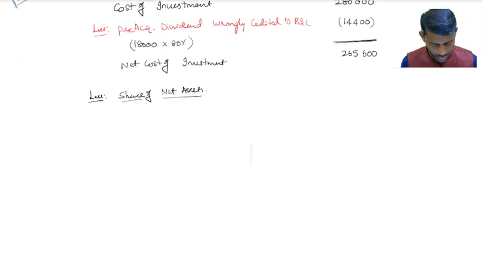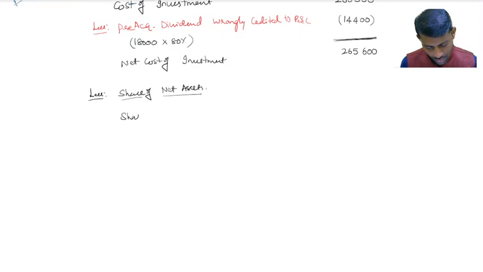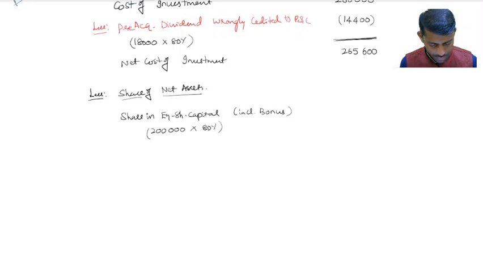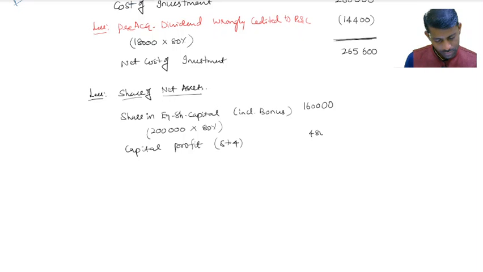Share of net assets. So here, what is the share in equity share capital, including bonus? 2 lakh into 80%, which is 1,60,000. Capital profit as per step number 4 is 4,800.